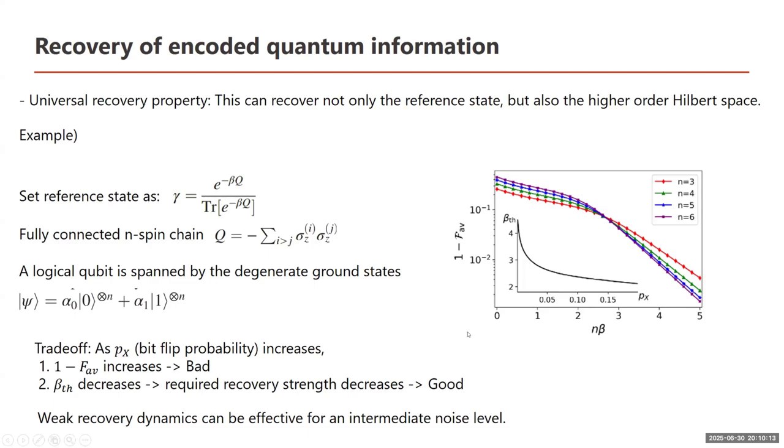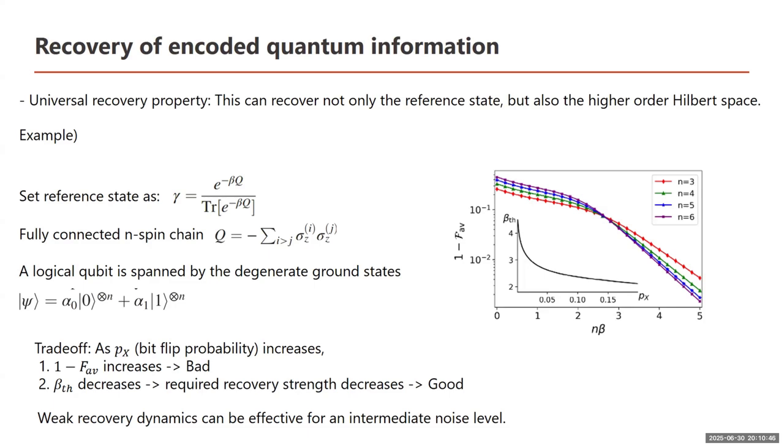As px, the bit flip probability, increases, we can easily and intuitively know that 1 minus F_AV, the average fidelity, will increase, because as the bit flip error increases, fidelity will decrease, and 1 minus F_AV will increase. So this means the worst situation.